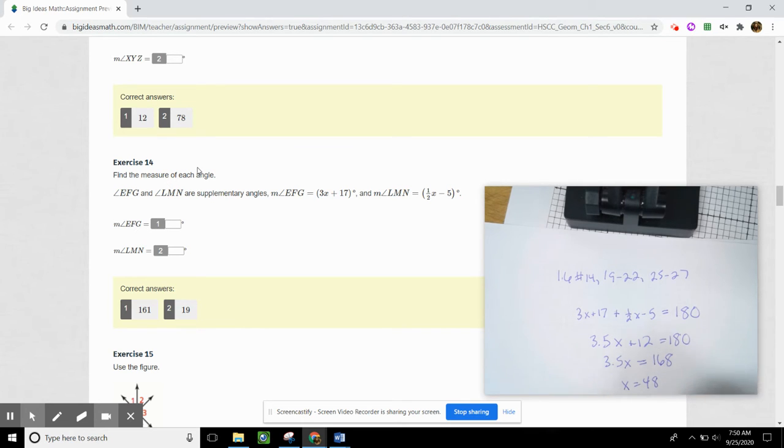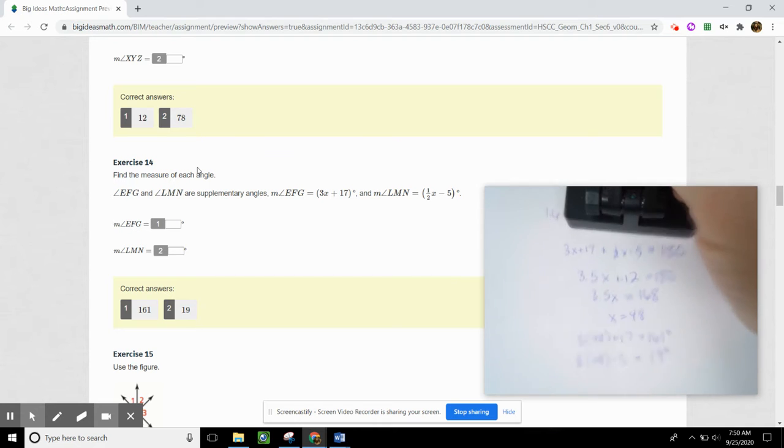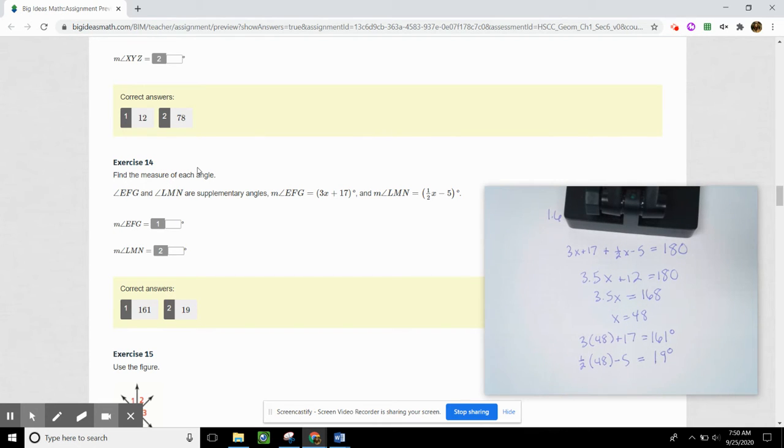That's our first angle. And then 1/2 times 48 minus 5 would be 24 minus 5, which is 19. Or we could just do 180 minus 161 and we would get the same value.